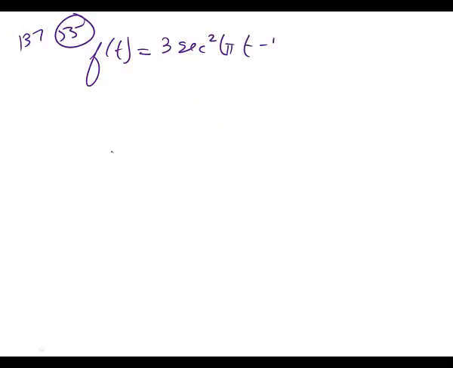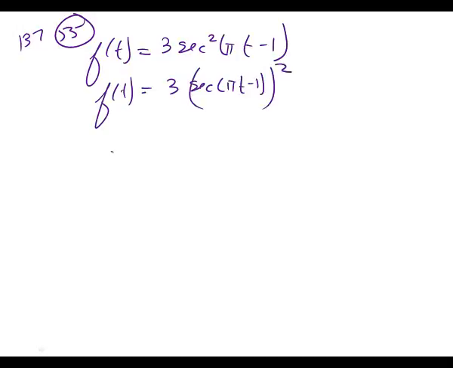Page 137, number 55. We have f of t equals 3 secant squared of pi t minus 1. Before I do that, I'm going to rewrite it as 3 times secant of pi t minus 1, all squared.